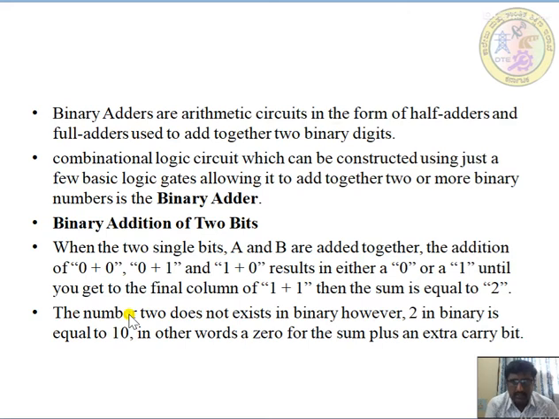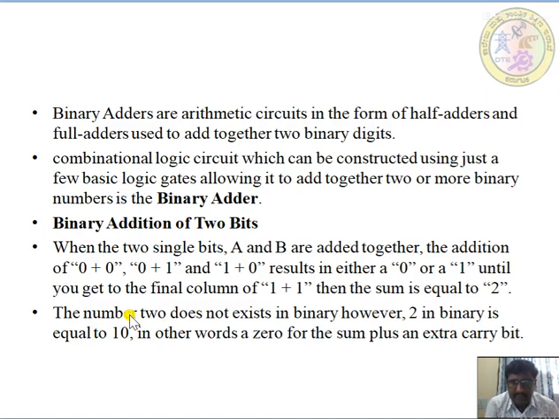The combinational logic circuit which can be constructed using just a few basic logic gates, allowing it to add together two or more binary numbers, is the binary adder. It's a simple combinational circuit where we want to add two binary digits, the binary addition of 2 bits.